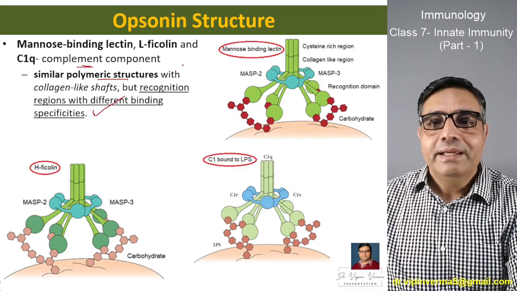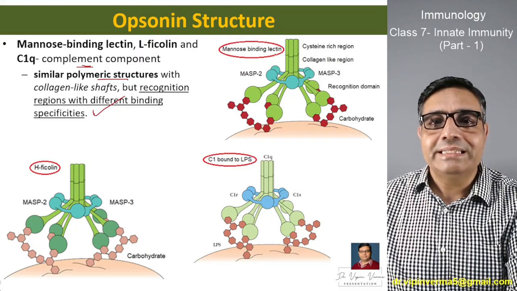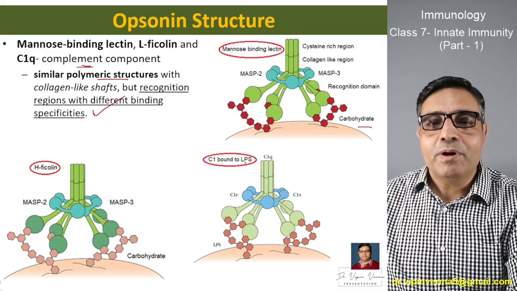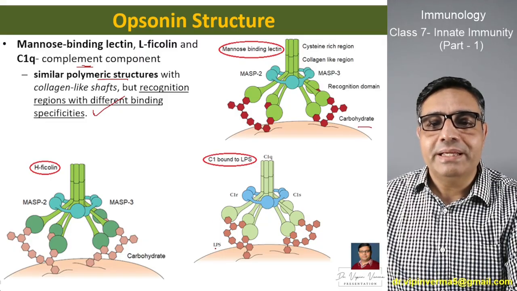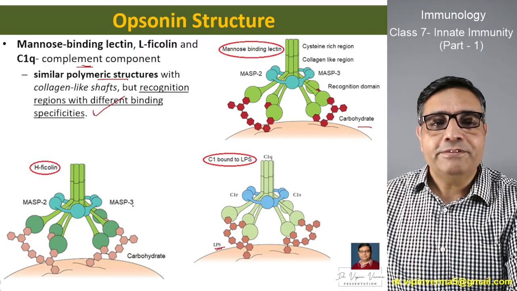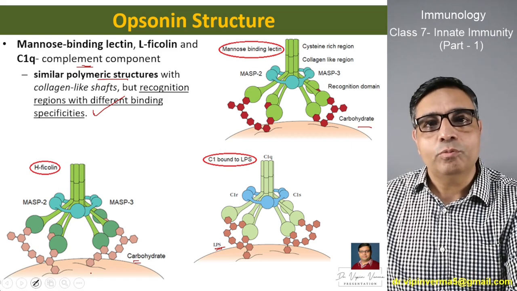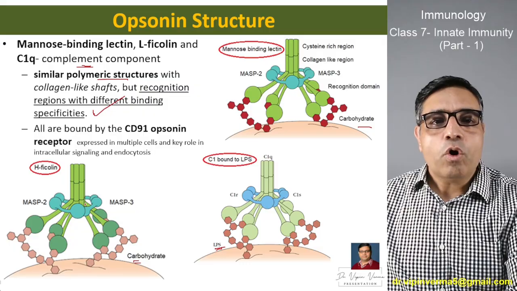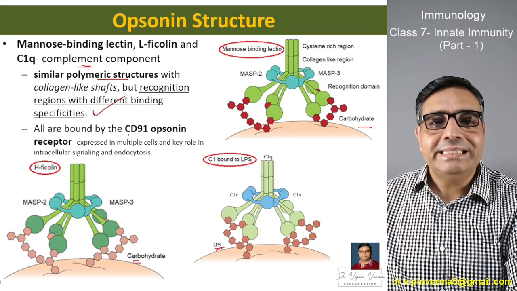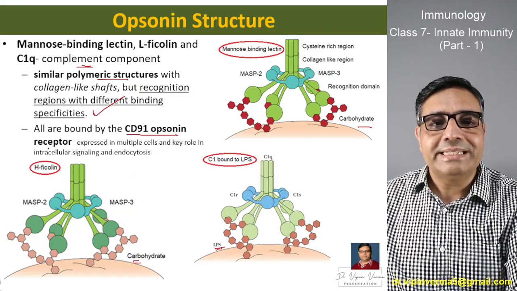For example, here you can see the mannose binding lectin binding to the carbohydrate. The C1 bound to LPS is binding to the LPS, and H-ficolin is again binding to different carbohydrates. So their targets are different, but their structure is almost similar. They all are bound by the CD91 opsonin receptor.